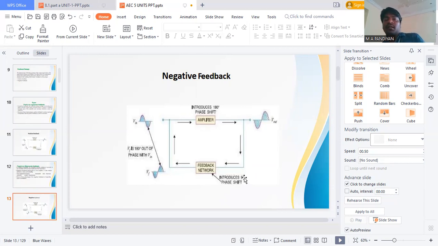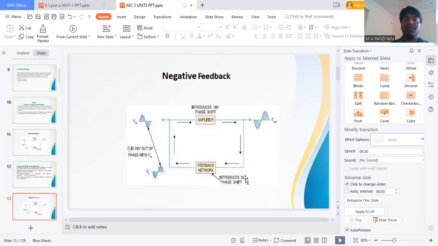So one question: in negative feedback, what is the total phase shift? 180 plus 0, that is 180 degrees, and it is introduced by the amplifier, not by the feedback. Coming to positive feedback, the amplifier introduces a 180-degree phase shift and the feedback network also introduces 180 degrees. In negative feedback, only the amplifier introduces 180 degrees, and the feedback introduces 0 degrees.